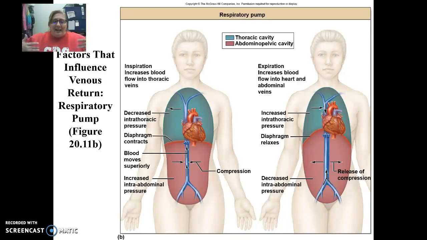That expansion can allow blood to be free to move around. When it contracts back up, it pushes blood towards the heart. Does that make sense? When it relaxes back, we make that thoracic cavity much smaller, and that's going to push blood around. Does that make sense?